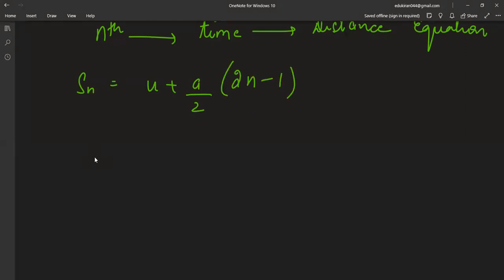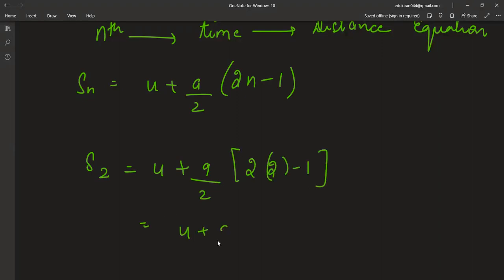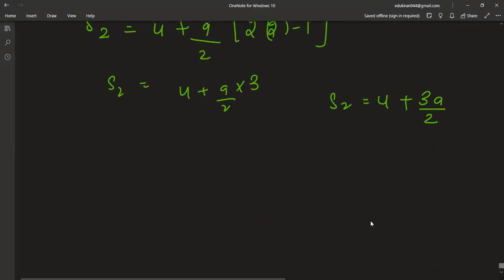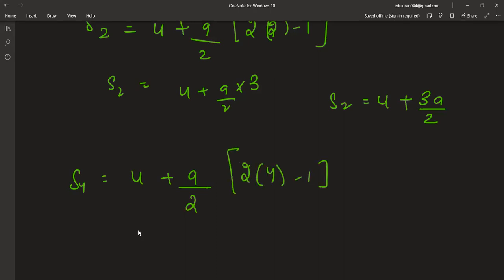So when we are talking about second, this becomes u plus a by 2, 2 into 2 minus 1. This is equal to u plus a by 2, 4 minus 1 is 3. So this S2 is equal to u plus 3a by 2, right? When we're talking about the fourth second, S4 is equal to u plus a by 2, 2 into 4 minus 1.